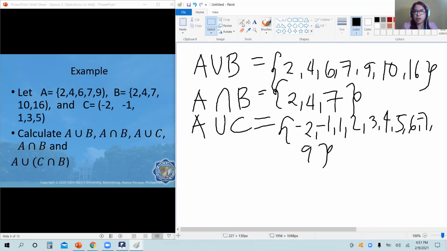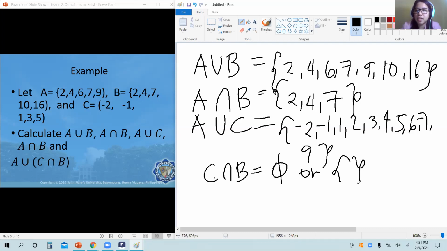What we need to answer is A union the intersection of C and B. Let us first answer C intersection B. What is common in C, the elements of C that are also in B? Let's take a look at the values: -2, -1, there's no 1, there's no 3, there's no 5. So this is actually empty or null, and it can be written like this.